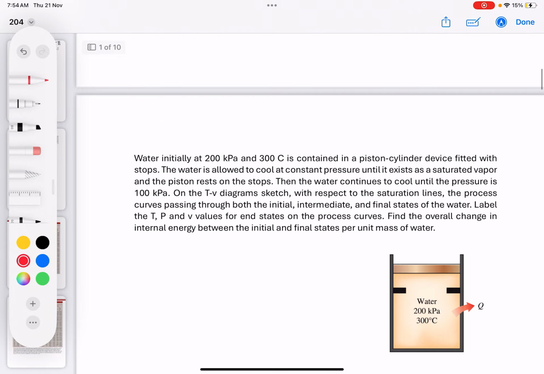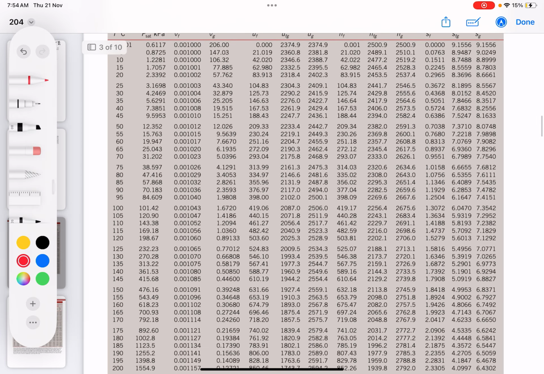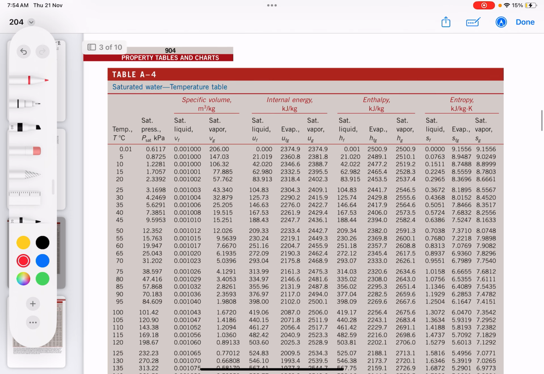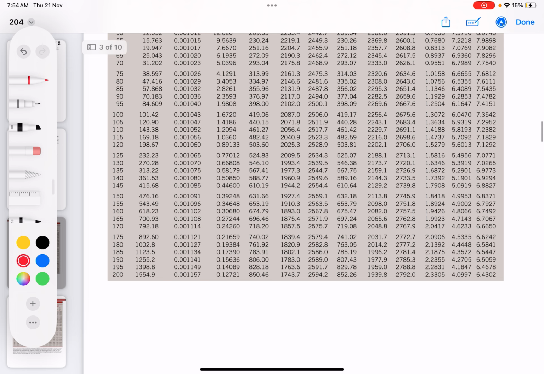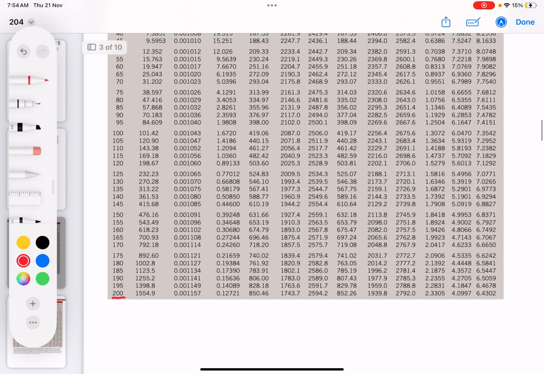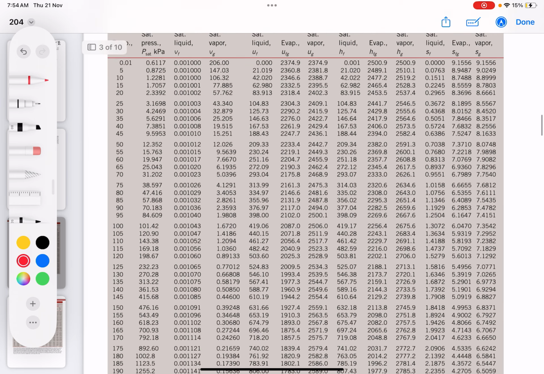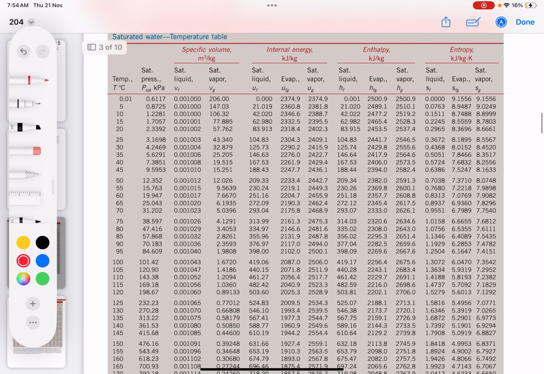So I'm going to show you how I get the data. Here is the saturated liquid water table, which is table A4. Now I have a temperature of 200, and I need to find the specific volume, which is going to be vf, because it is a saturated liquid.